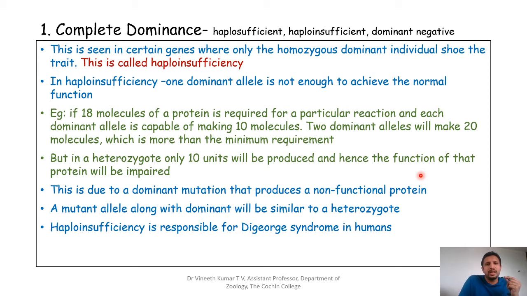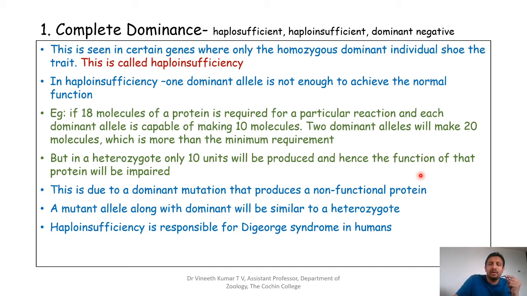So in this case, if you are a heterozygote, the dominant allele produces the so-called 10 units, but the recessive allele produces a protein that is non-functional.